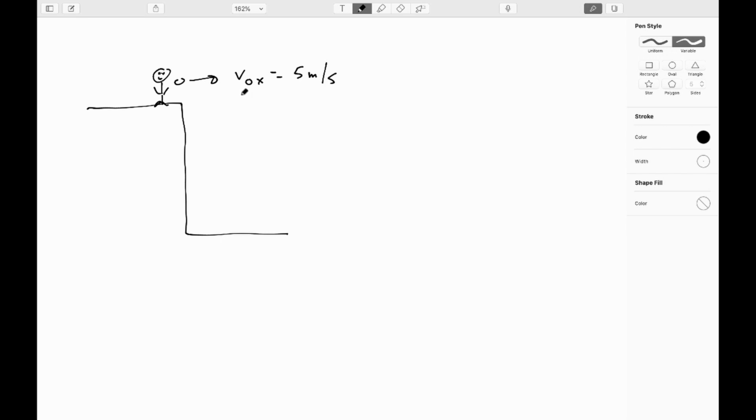Since you're throwing it purely in the x direction, that tells us that the initial y component velocity will be 0 meters per second. We're going to let the ball fly for 2 seconds. And what I would like to know is what is the speed at the end of that time.